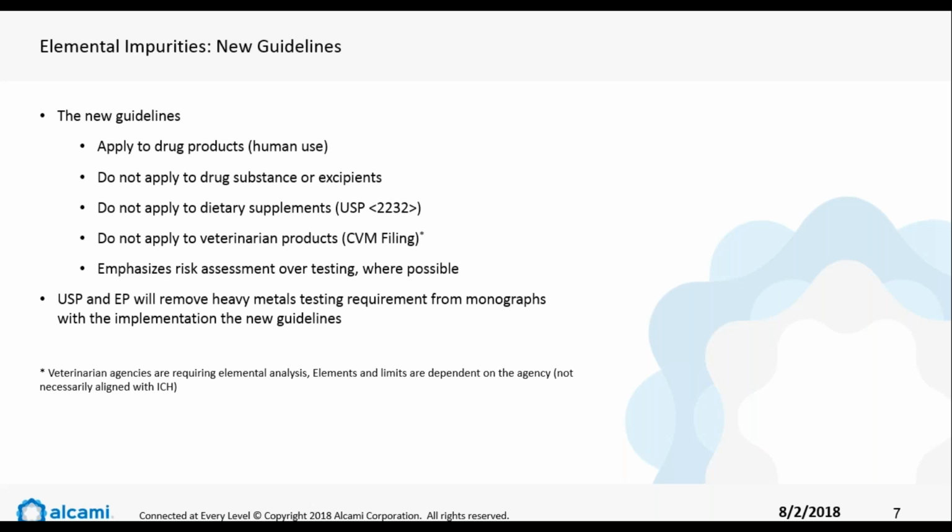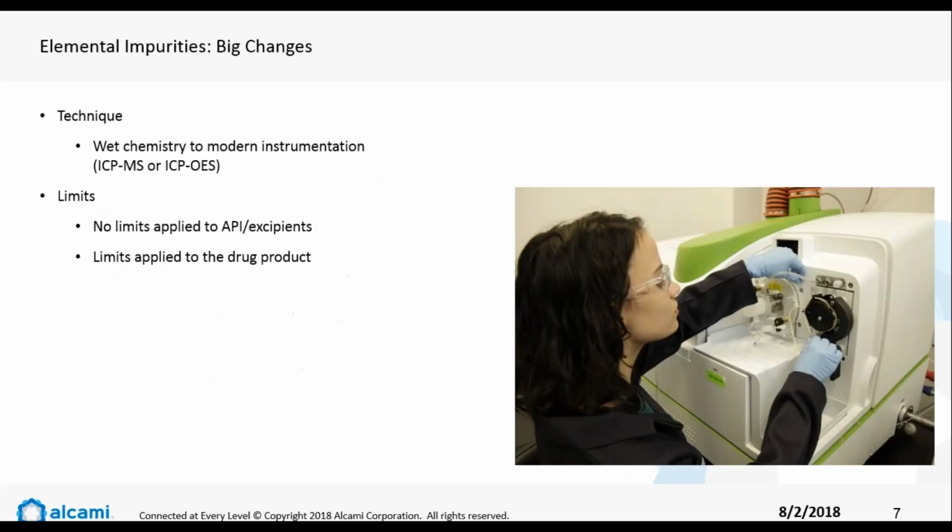The USP and EP have removed the elemental impurities testing. I just spoke about that. And one of the other big changes with the regulation is the technique. We've moved from wet chemistry to analytical instruments. ICP-MS and ICP-OES are the two instruments that the regulations state should be used.